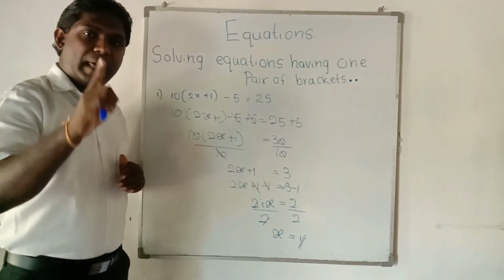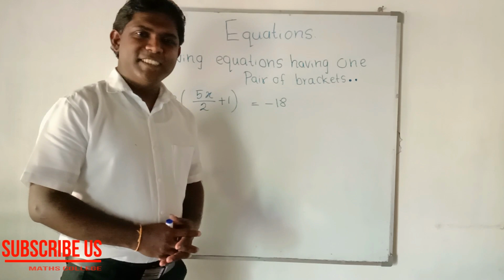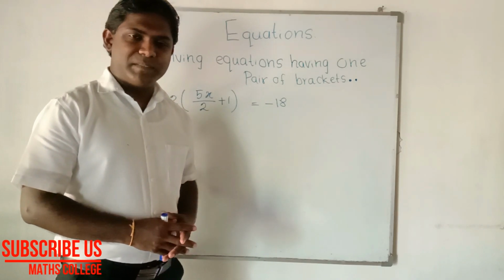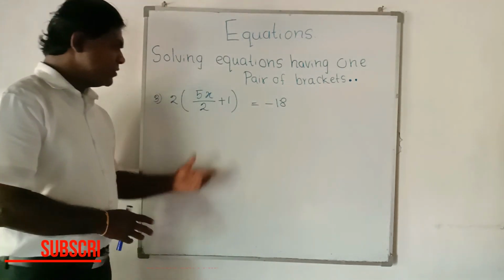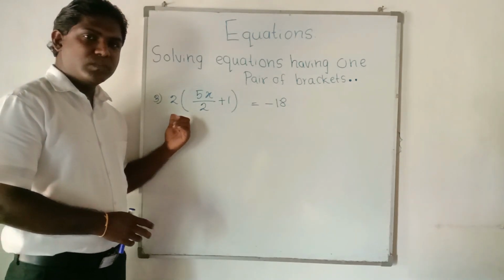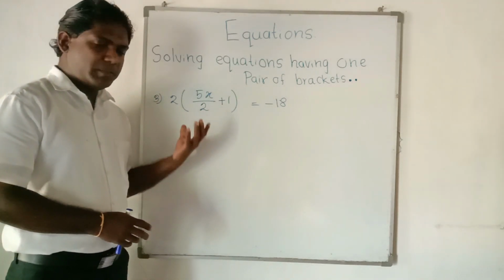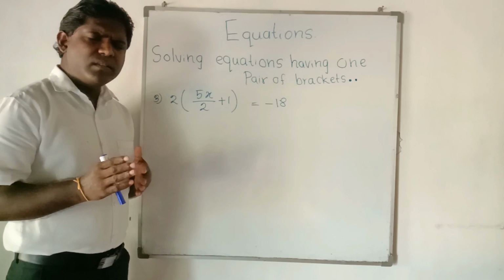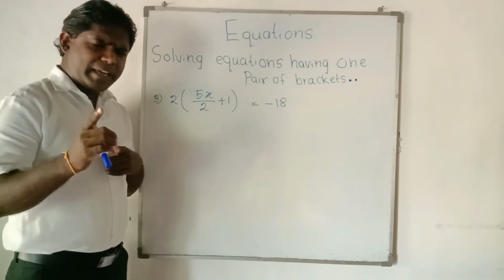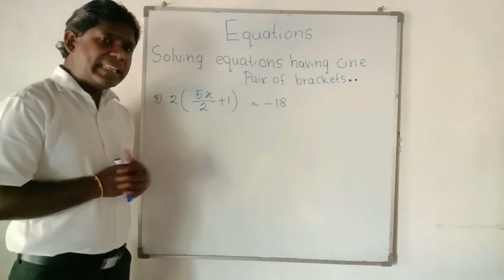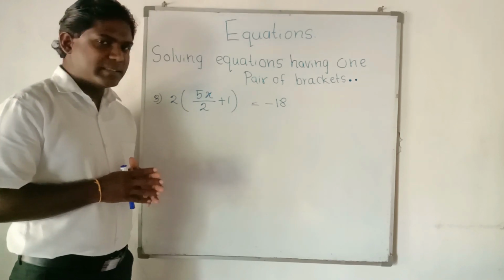Let's go to the next example. Yes, this is the third example. You can see this bracket 2. Bracket means multiply. I think if you apply the first method, it is easy to solve this equation.